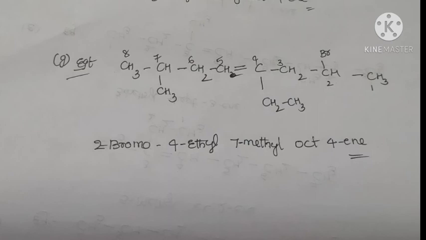In this long chain containing 8 carbon atoms, the substituents are bromine, ethyl and methyl. The double bond is present between the 4th carbon and 5th carbon, so oct-4-ene. Next, the substituents. The prefix is bromo, in the second position. So 2-bromo, 4-ethyl, 7-methyl oct-4-ene is the IUPAC name of this skeleton.